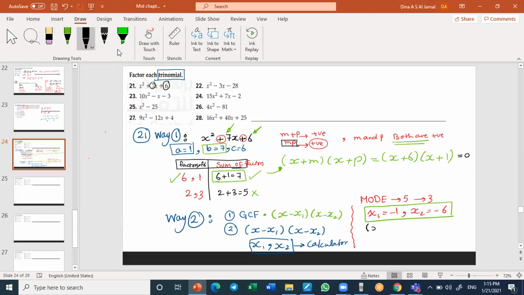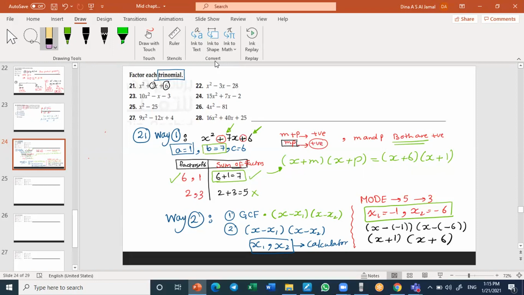So let's now substitute x minus x1, x minus x2. That's it. So it will be x plus 1 and x plus 6. So we obtain the same. As I told you, the method of the book will be concentrating on letting you find some of the factors, then it will be giving you the factors. But how can you get the solution?